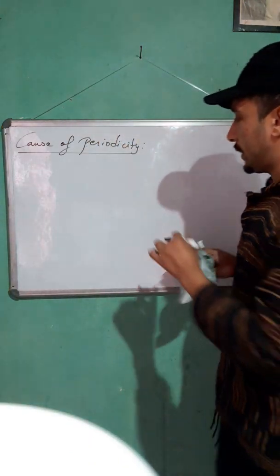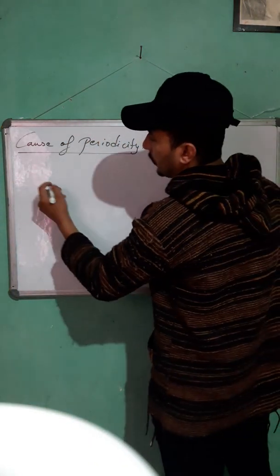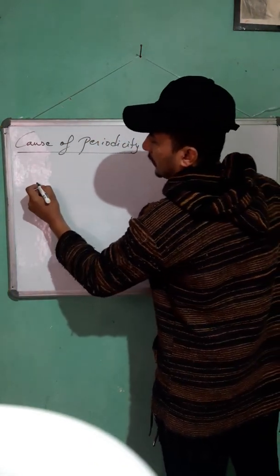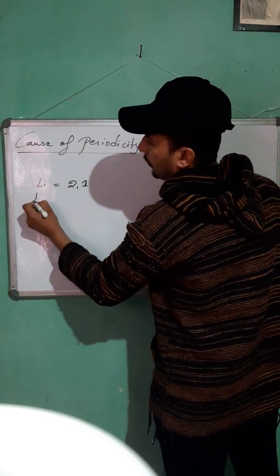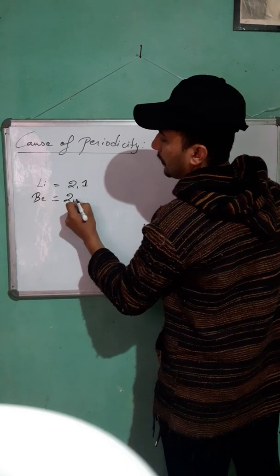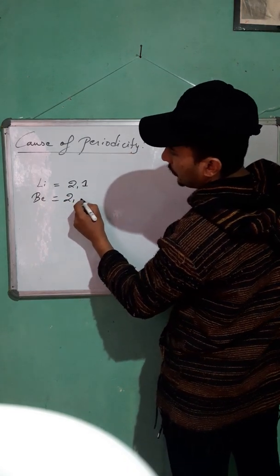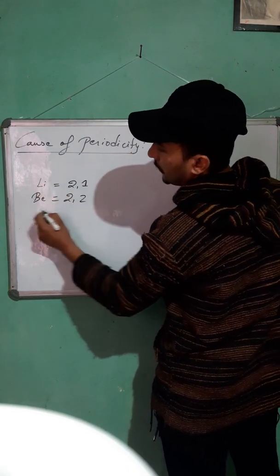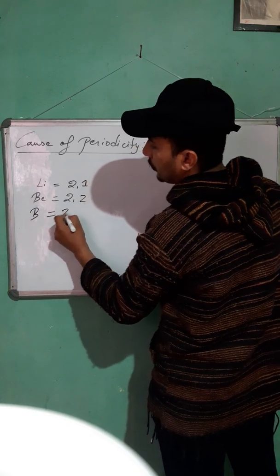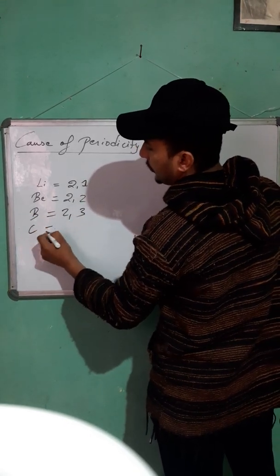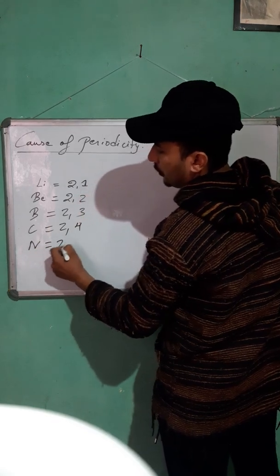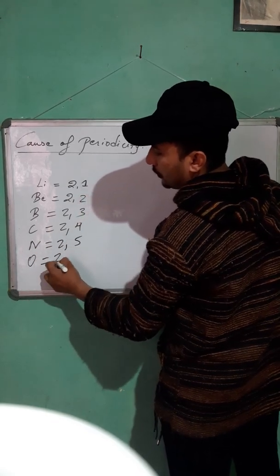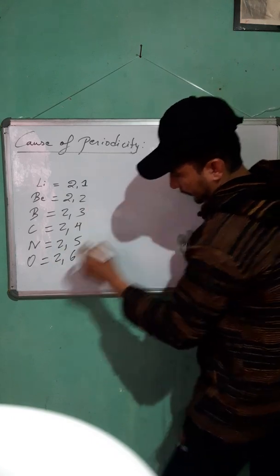Okay, so for example, the electronic configuration of lithium is 2,1, beryllium is 2,2, boron is 2,3, carbon 2,4, nitrogen 2,5, oxygen 2,6.